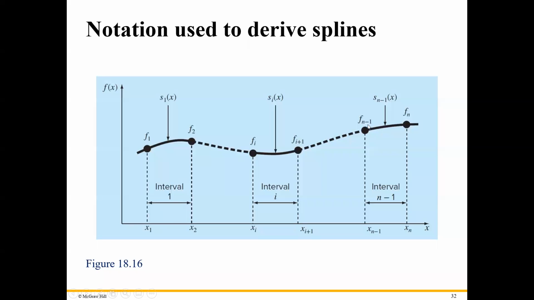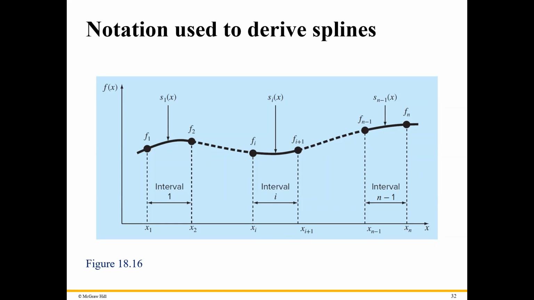in this case. Okay. So for example, the first spline will be from x1 to x2. The second spline will be from x2 to x3. So for each of these splines, we will have their equation. Okay.